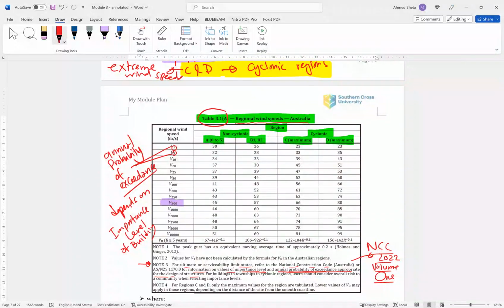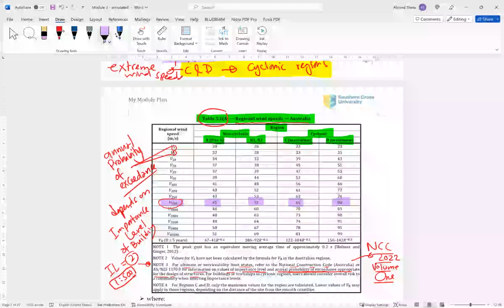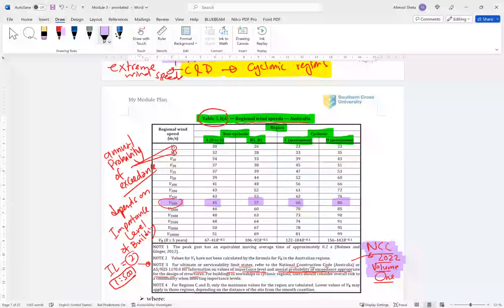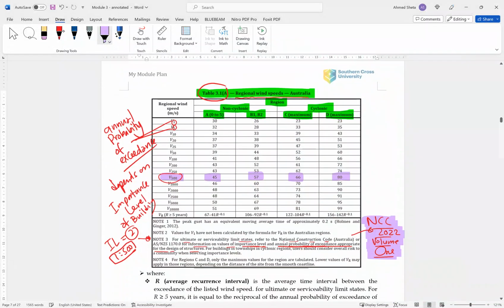So for example, with importance level equal to 2, the probability of exceedance is 1 in 500, so we will design on V500. If we are in zone A0 to A5, it will be 45, B1 or B2 is 57, C is 66, and D is 80. So you can find this information depending on the importance level from NCC Volume 1.